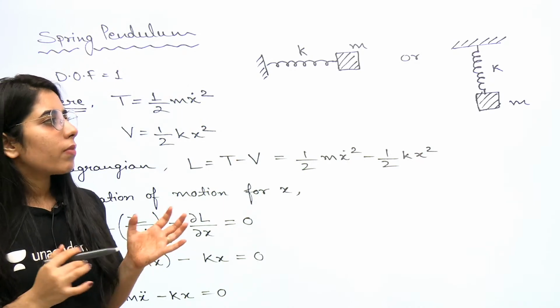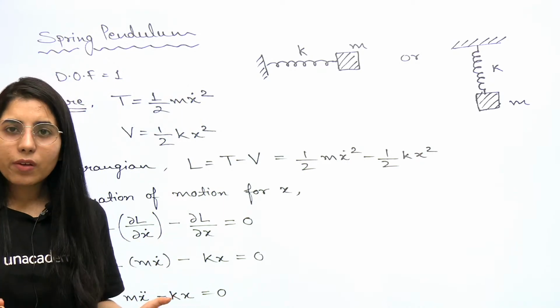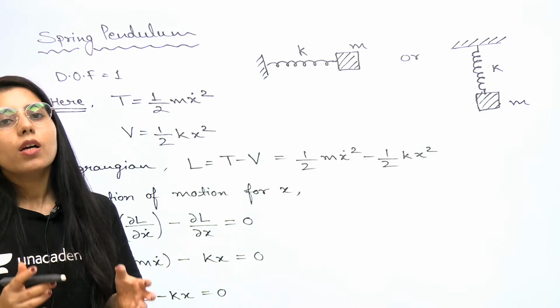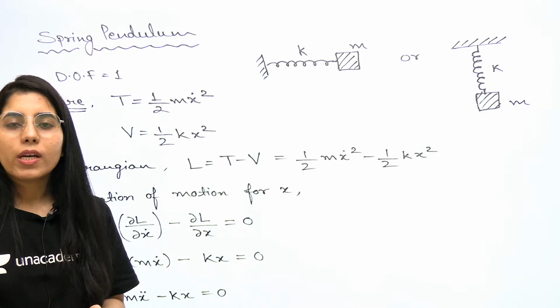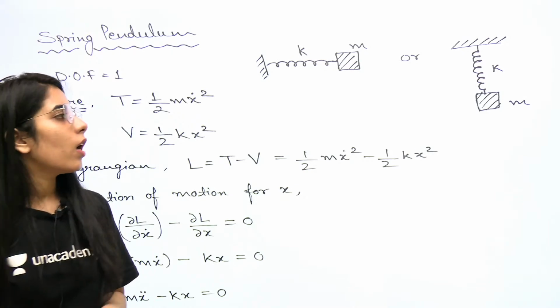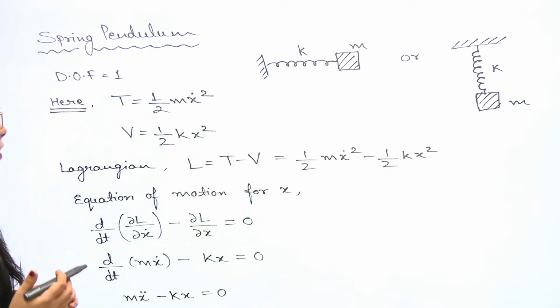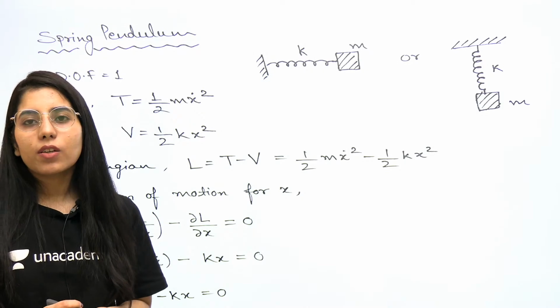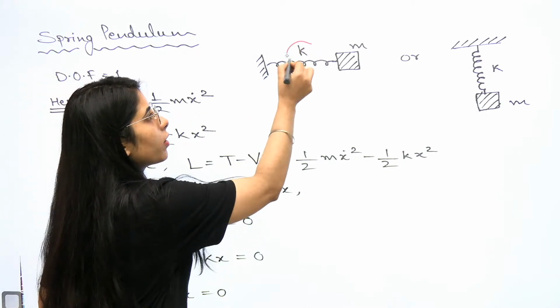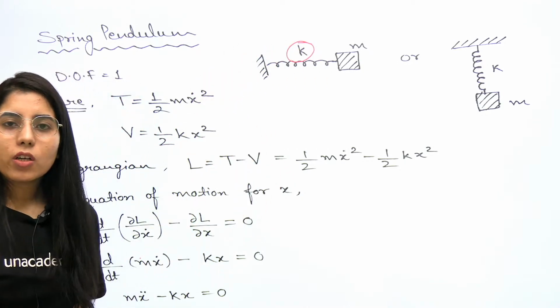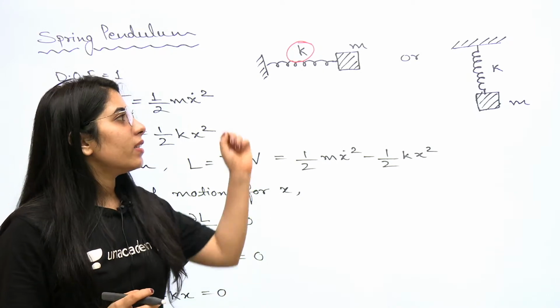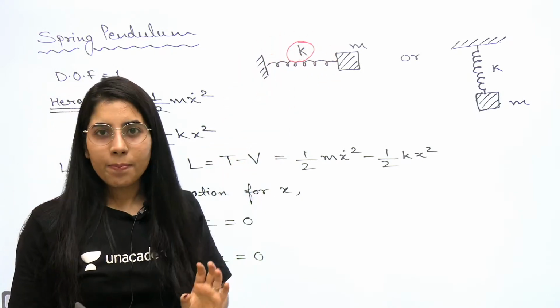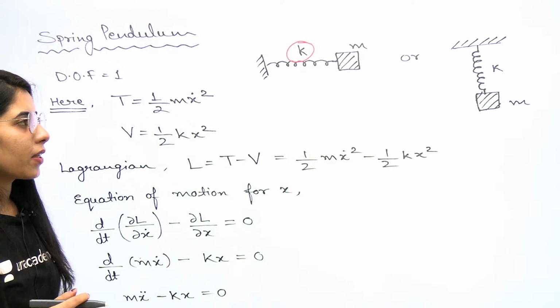Any diagram given to you like this, you can consider a system known as a spring pendulum. Next point: the spring constant of this particular spring we are considering as K, and the block's mass is m. That's how we are going to consider it.